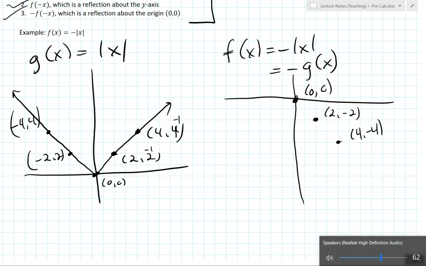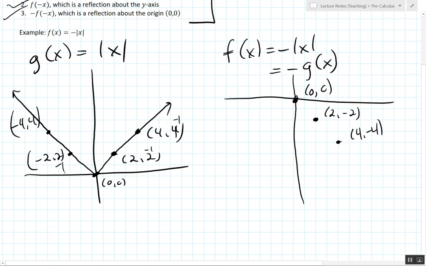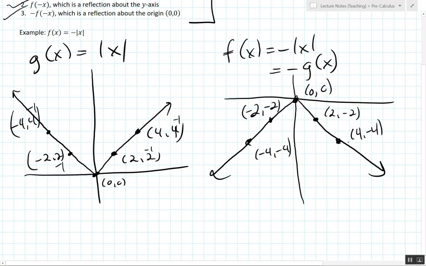If we multiply this coordinate by negative 1, we'll get negative 2, negative 2. Now if we multiply this coordinate by a negative, we'll have negative 4, negative 4. Oops, wrote it wrong, said it right. And then we just draw in our lines that come out at 45-degree angles, and we're done.